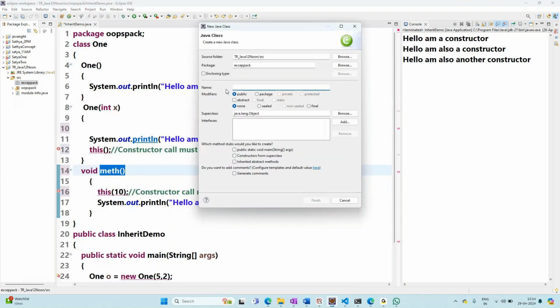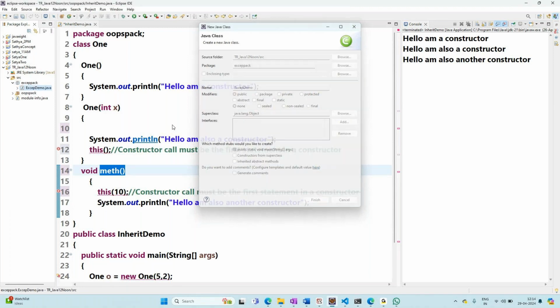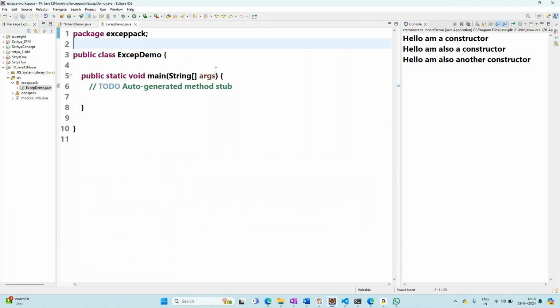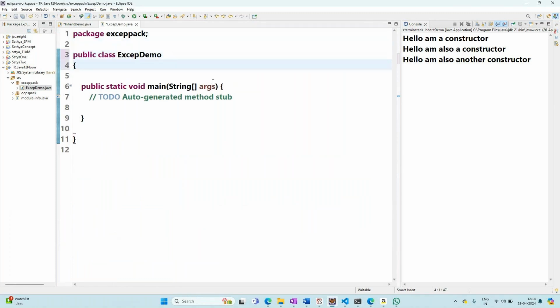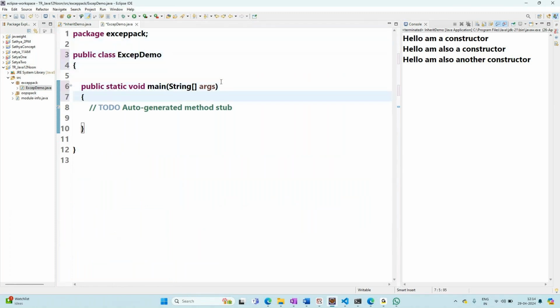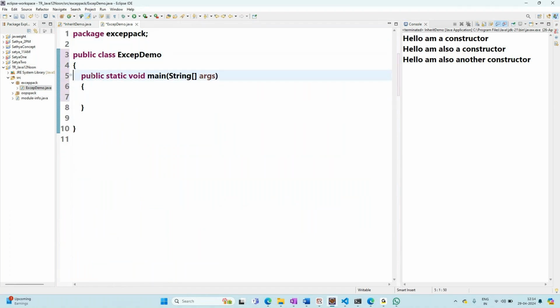The new class would be except demo. Now let me write the code with exception so that we'll understand what exactly happens.